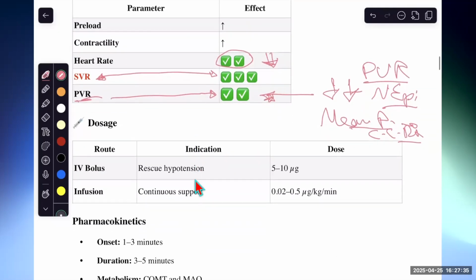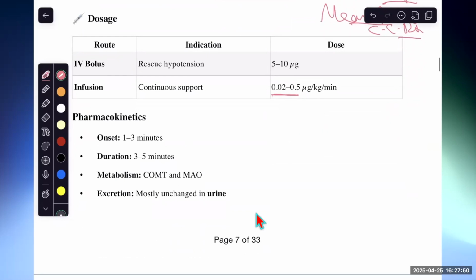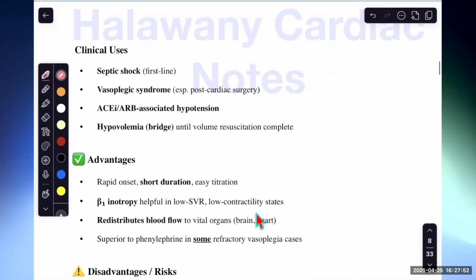Okay. You are using it as a bolus, same as adrenaline, 4 to 8 or to 10 mics, and as continuous support. Usually, as you see, they are allowing high doses because sometimes it's your savior for a patient with vasoplegia. Onset and all of these are the same. So I'm using it in septic shock, in the ICU, vasoplegia, we will speak about later in this lecture, inshallah, and ACE inhibitor and ARB associated hypotension.